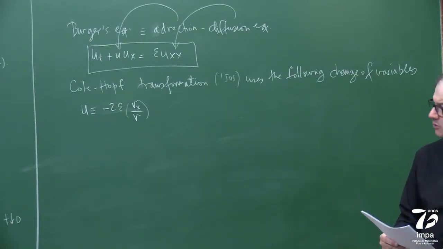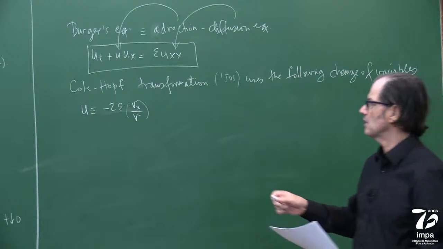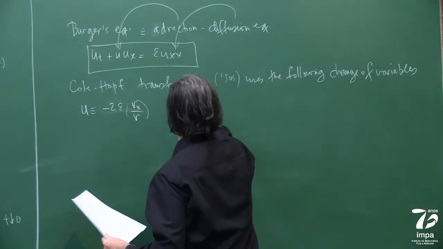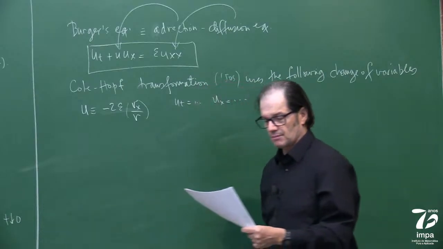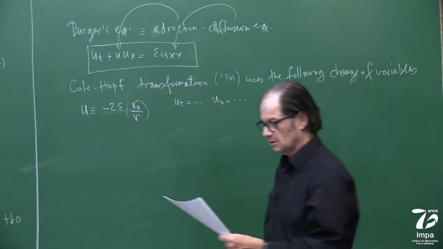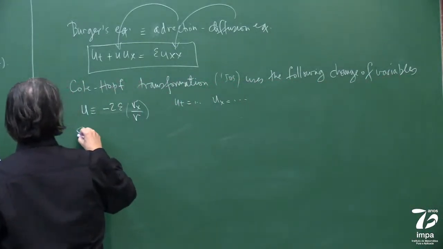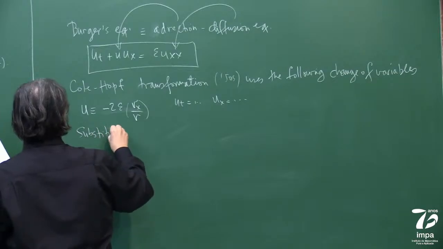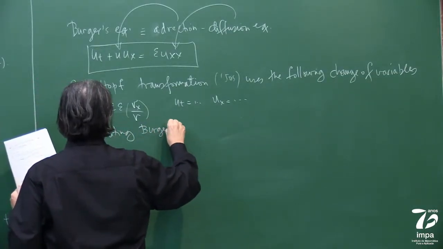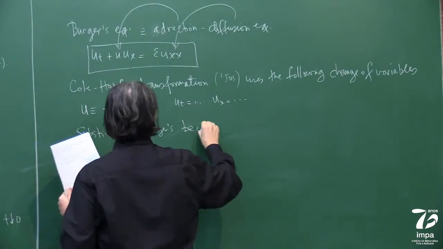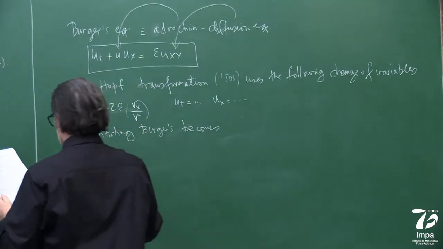So you do this, okay? You do the change of variables. It's here in the notes. I'm not going to do it, right? So you check: find what ut is equal to, ux is equal to blah, blah, blah. And then you substitute. In substituting, Burgers becomes this.